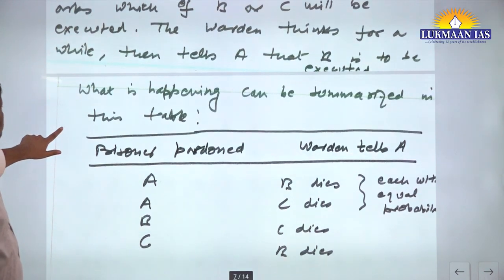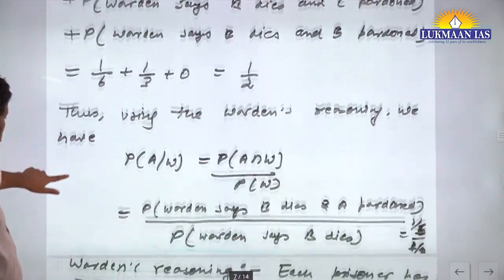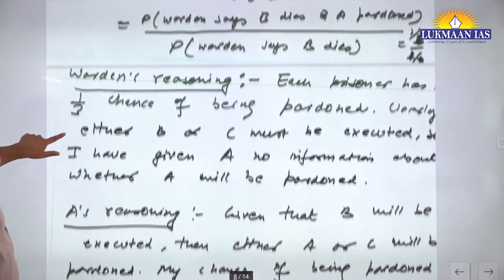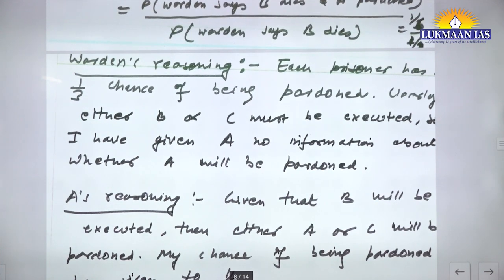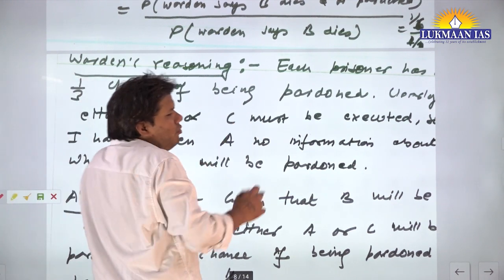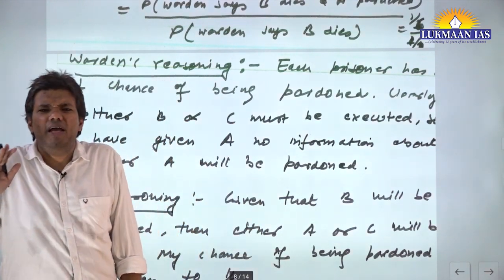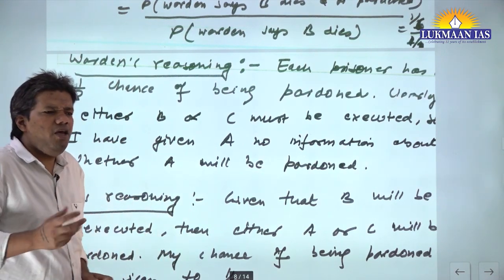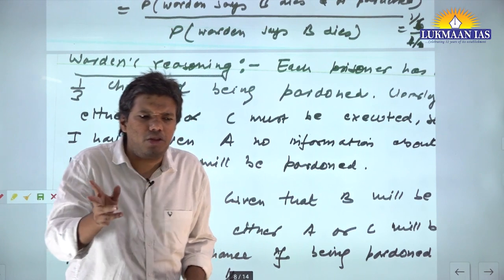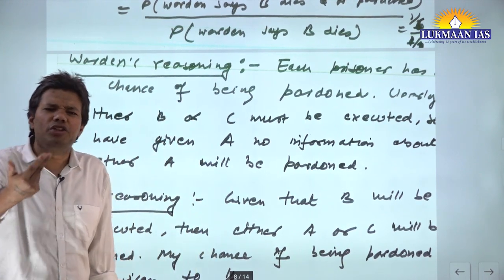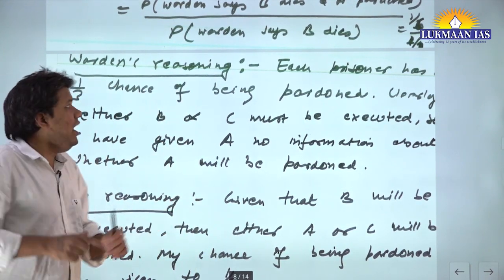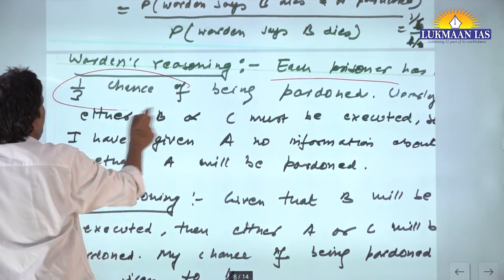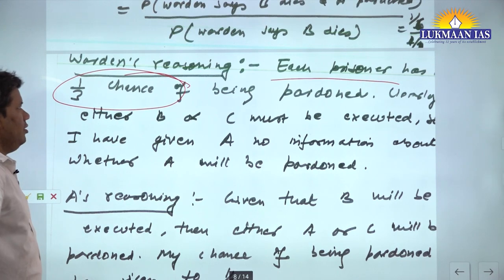Okay, now warden क्या reasoning दे रहा है? Warden की reasoning is that he has not disregarded the order of the governor, because warden क्या सोच रहा है कि मैंने A को बता के कि B और C में से कौन एग्जीक्यूट होगा, उसको कोई इन्फॉर्मेशन दी नहीं है. क्यों? क्योंकि उसको पता था कि every prisoner has 1/3 chance of being pardoned, right?